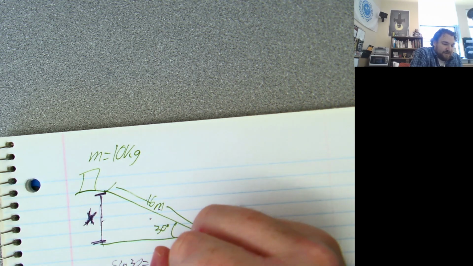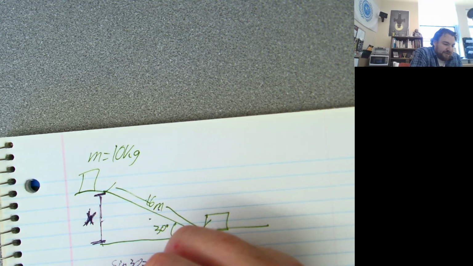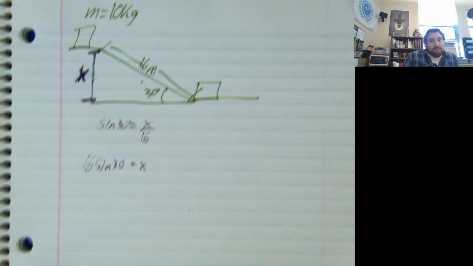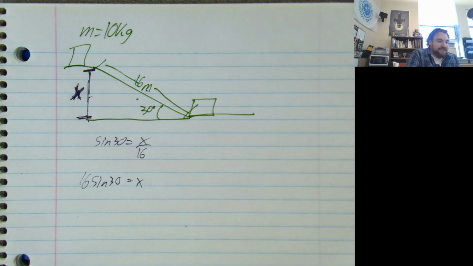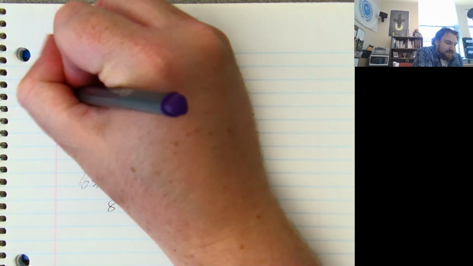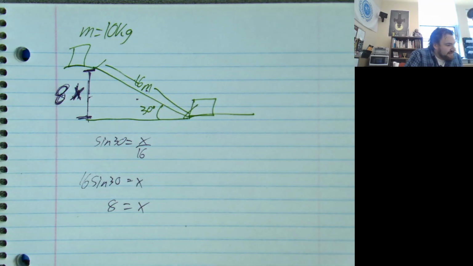So x is going to be 16 sine 30, which is going to be 8? Is sine 30 a half? Is that one of those? Sine 30 is a half, which means x is 8.